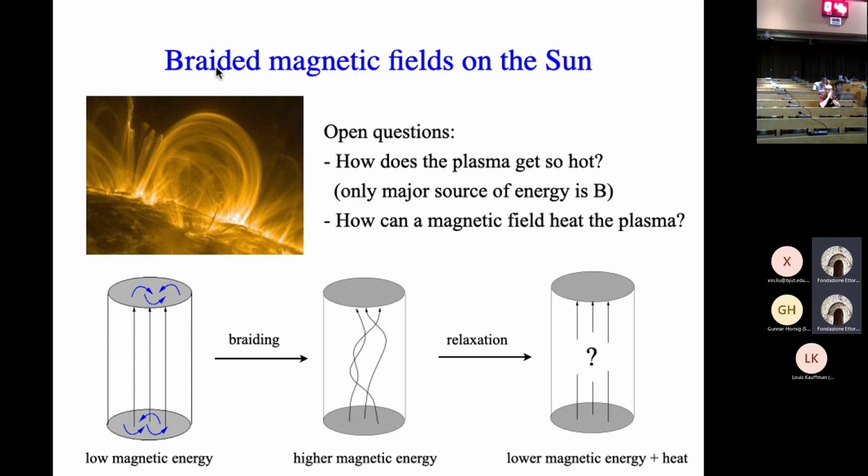So you have this strange behavior that the temperature drops at a certain level and then increases again. And the only explanation for that is that there is a heating process going on in the outer atmosphere of the sun, in the corona.